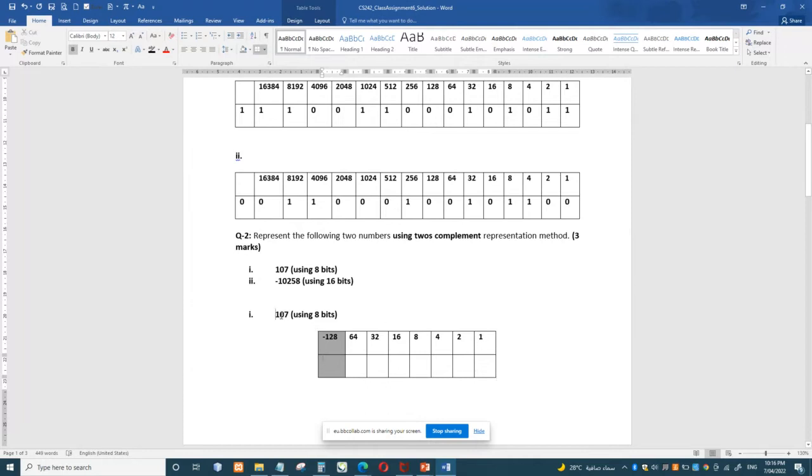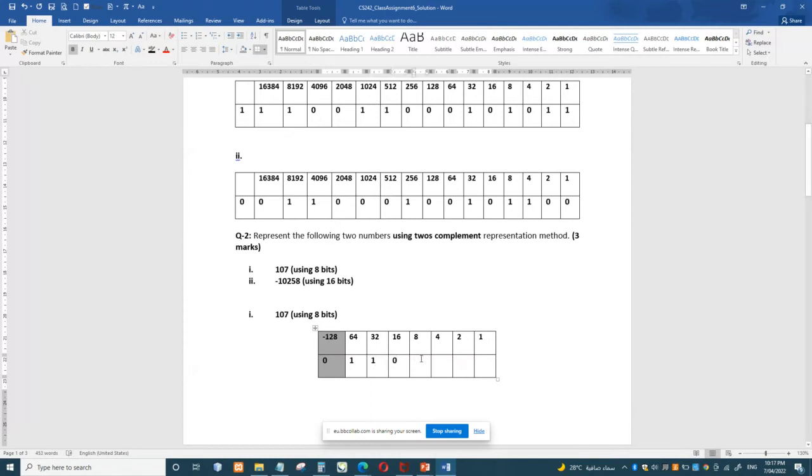Since our number is a positive number, we'll do the same thing. We don't need the negative positional value, so we'll put 0 there, and the remaining values we have to make 107. In order to make 107, we can definitely take 64, and definitely 32. So 64 plus 32 is 96. We don't need 16, so we put 0 there.